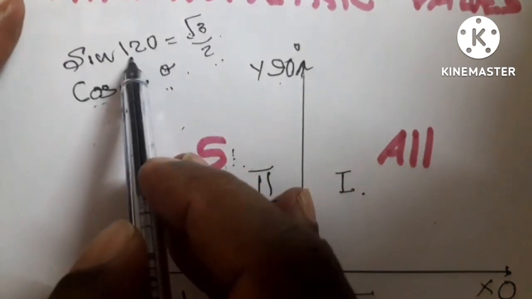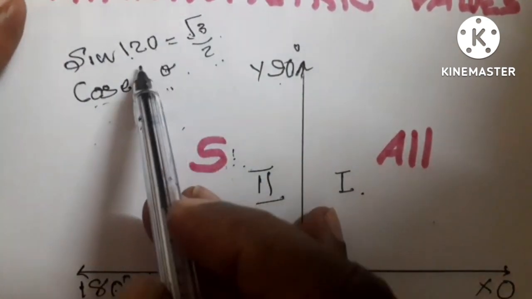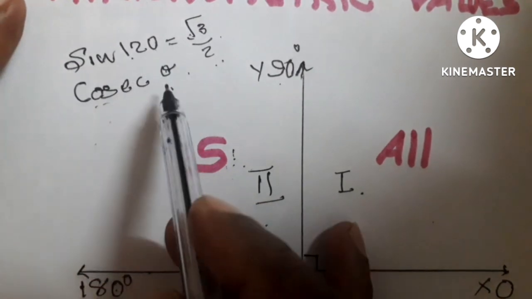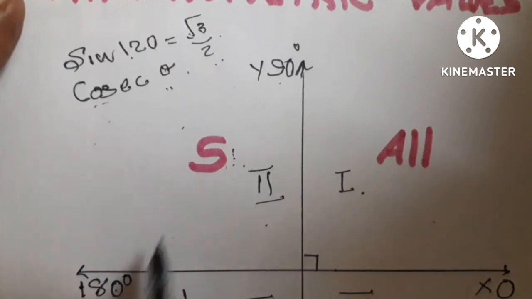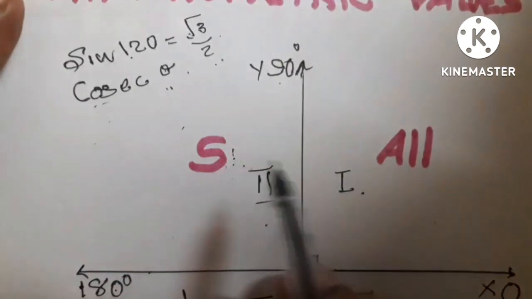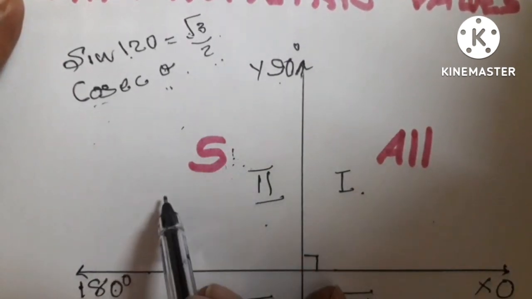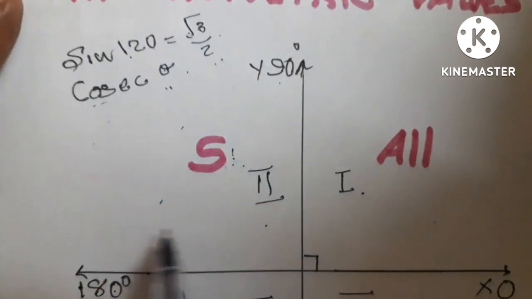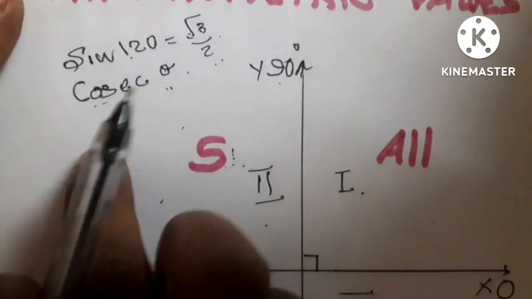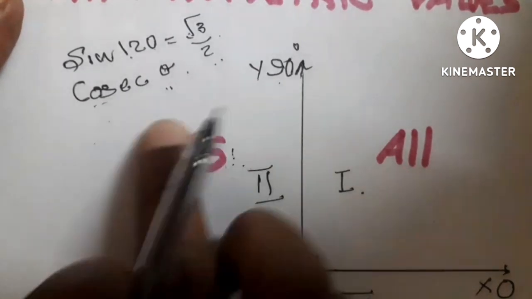So 120, 150, 160, 170, up to 180 degree are all values in the second quadrant. Apart from sine theta and cosec theta, the remaining values are negative in the second quadrant.